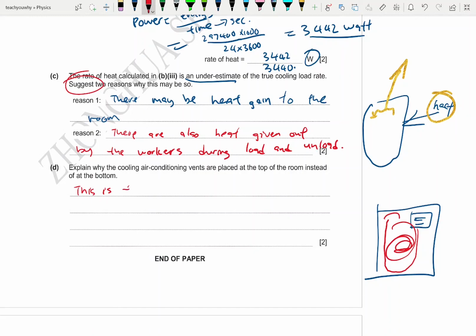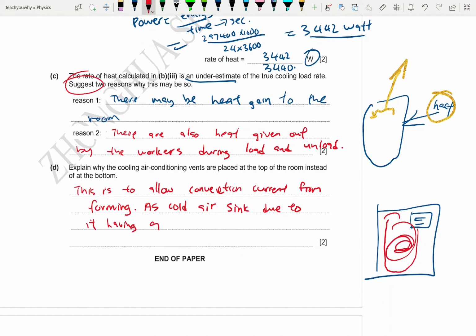This is to allow a convection current to form, as cold air sinks due to it having a higher density, and hot air will rise.